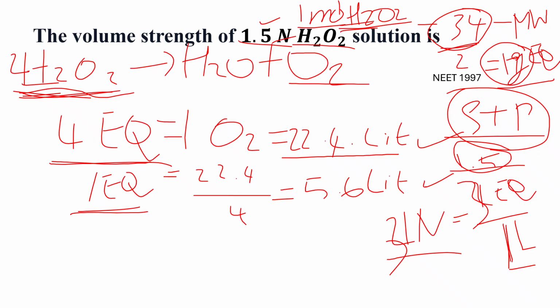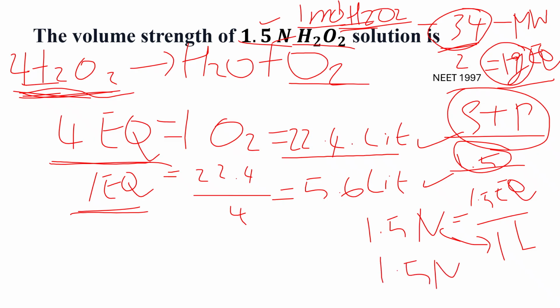If you multiply this 1 liter with 1.5 normal, 1.5 normal liter is equal to 1.5 equivalent weight. Which is very simple: 1.5 equivalent is equal to 1.5 normal liter.